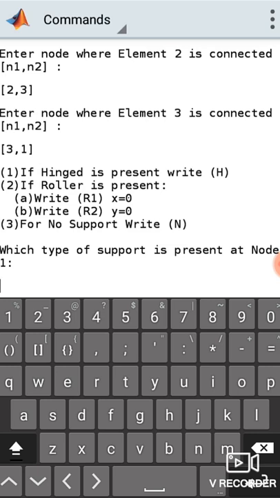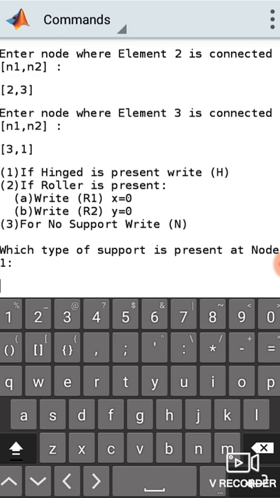Now the program is asking me, is there any support at node 1? Yes, I have a hinge support at node 1. It also gives me a description: if a hinge is present, write H. If a roller is present, it gives me 2 conditions: where x is equal to 0, write R1, and the roller where y is equal to 0, write R2.